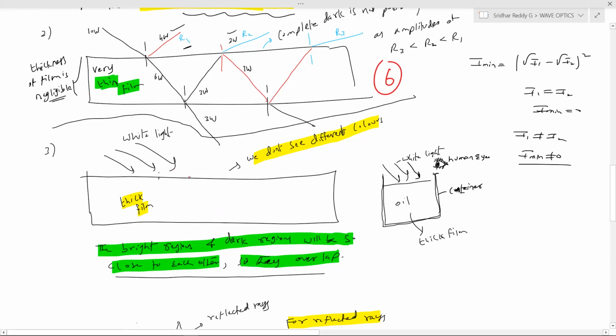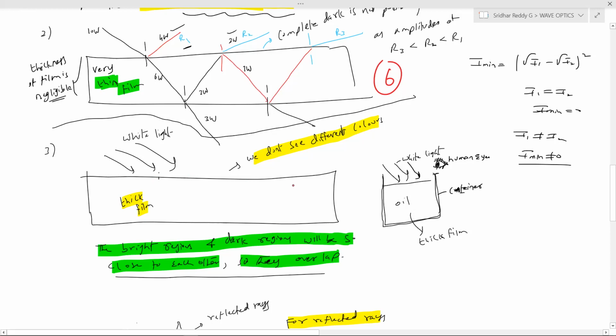Here the interference of the two reflected rays, R1, R2, will take place. Don't say that there's no R1, R2. There'll be reflected rays. Again, some wavelengths will undergo constructive interference, some waves will undergo destructive interference. Because the film is very thick, the bright regions and dark regions will be so close to each other that they overlap. If they overlap, we don't see any different colors.